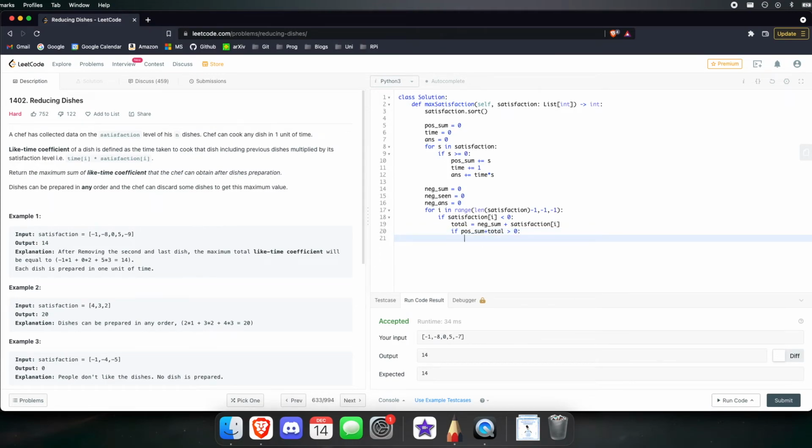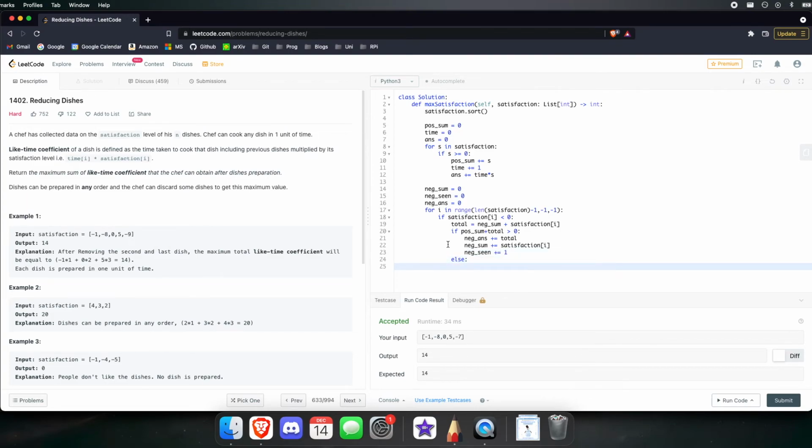And to consider it, what we want to do is increase the negative answer by adding total to it. We also want to increase the summation of all the negative numbers by adding this current one we've seen. And let's just increase the count of negative numbers we've seen as well.